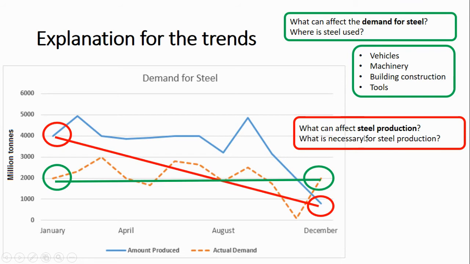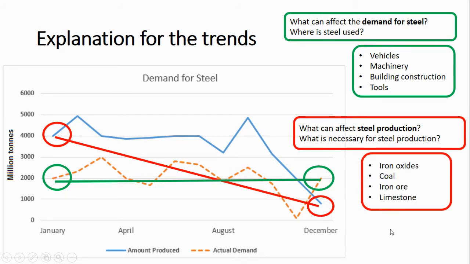When we talk about steel production, we need to see what is necessary for steel production. What do people use for steel production? I'm not an expert in that, but I've Googled it and I found out that these things are used to produce steel. So imagine, coal is very important for steel production.